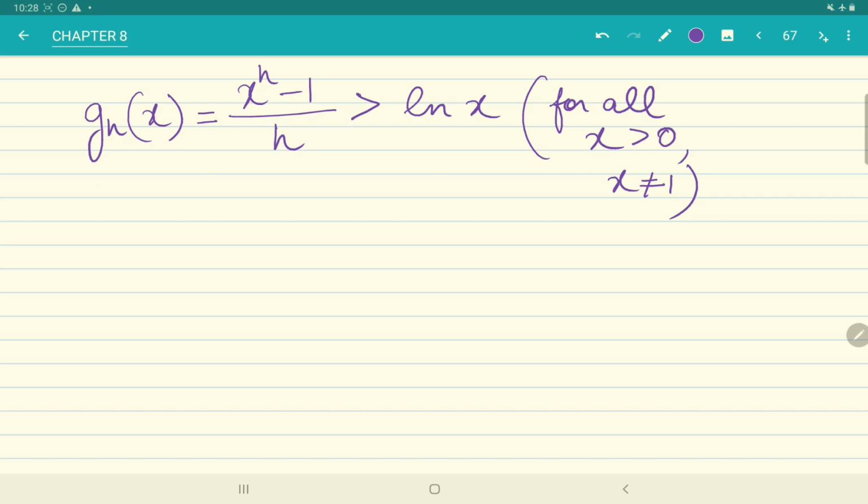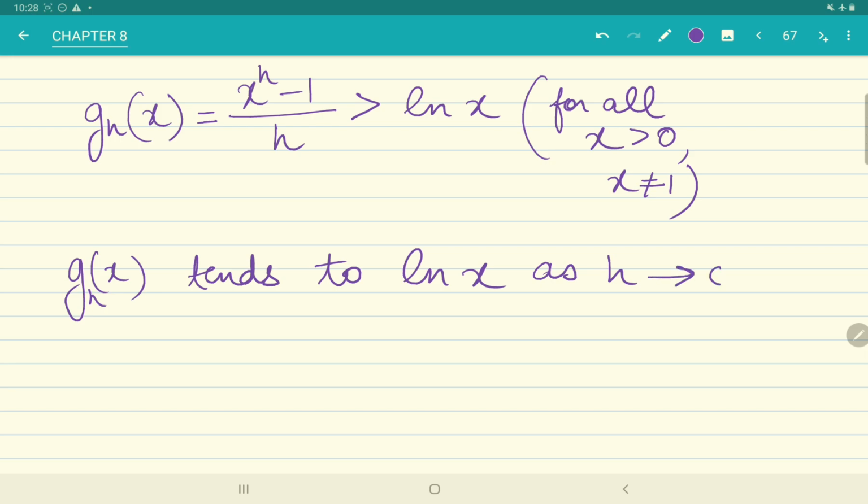And that just means that gh of x is more than ln x for all x greater than 0, x not equal to 1, and it tends to ln x as h tends to 0. And this I can see from the figure. It tends to ln x as h tends to 0.